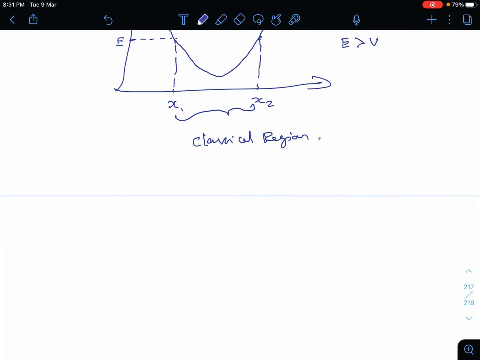Now what is the Schrodinger equation? As you remember, Schrodinger's time independent equation can be written as minus h cross square by 2m, since this is a one-dimensional problem, dou square psi by dou x square, plus V of x psi is equal to E psi. That's the Schrodinger equation.